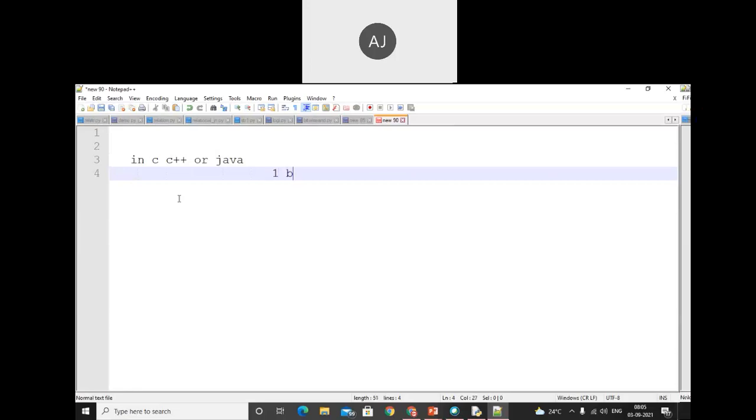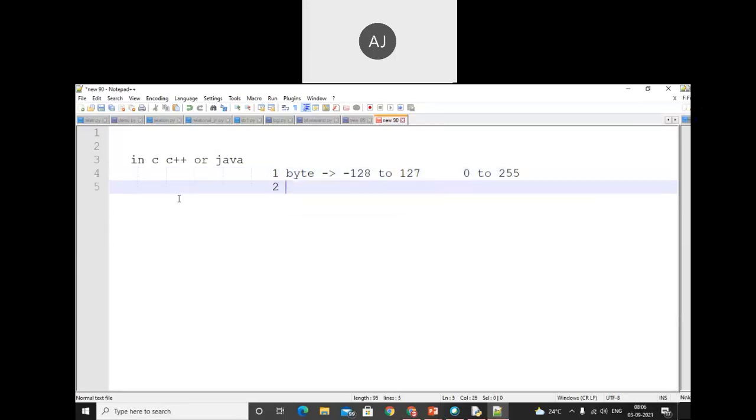For example, for 1 byte, there are two types of ranges, signed ranges and unsigned ranges. When we talk about the signed range, we have minus 128 to 127. This range is called the signed range for 1 byte. When we talk about the unsigned range, we get 0 to 255. Now when we talk about the 2 byte range in other languages, carefully look at that.